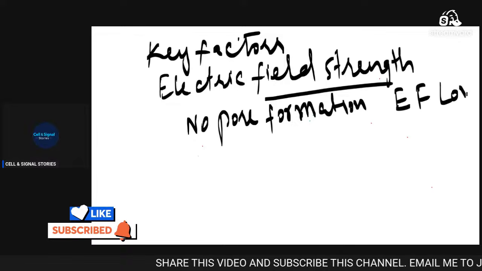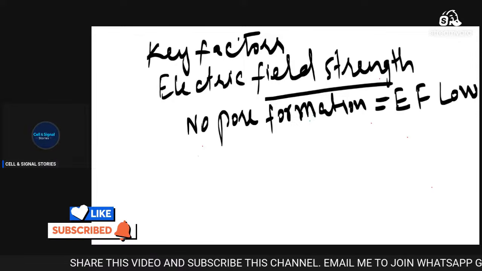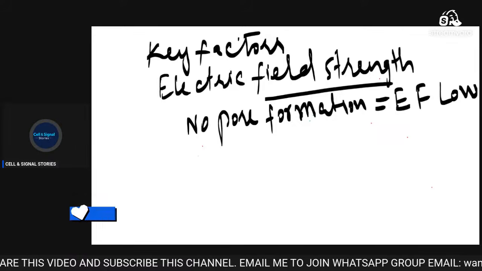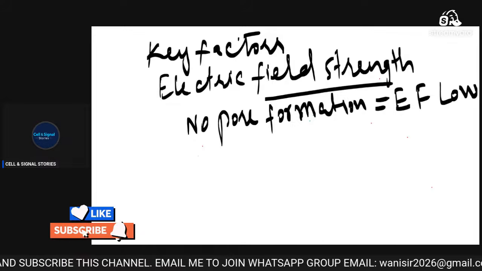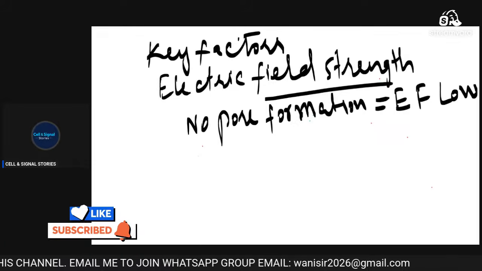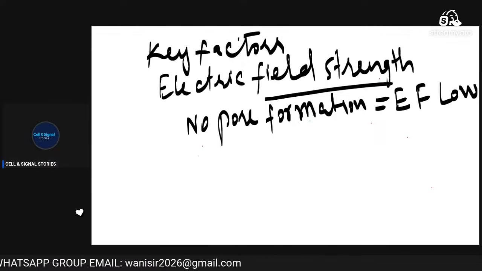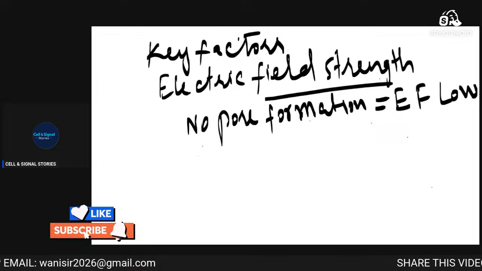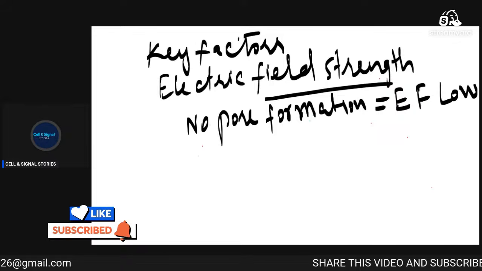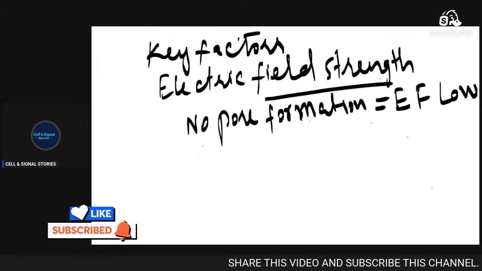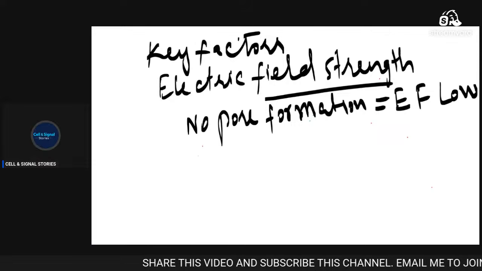An optimal electric field is chosen for each cell type. Mammalian cells, bacterial cells, yeast cells, plant cells, even tissues like skin all require different settings, so we need a different optimal electric field, in volts per centimeter.